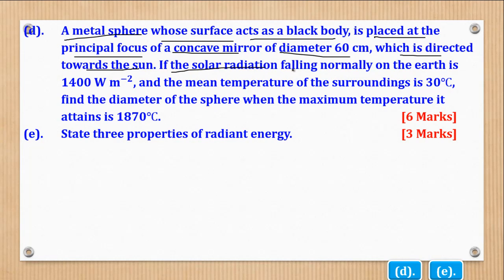If the solar radiation falling normally on the Earth is 1400 watts per square meter, and the mean temperature of the surrounding is 30 degrees Celsius, find the diameter of the sphere when the maximum temperature it attains is 1870 degrees Celsius.